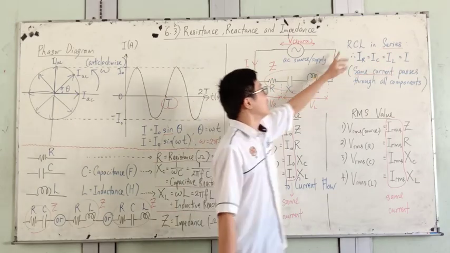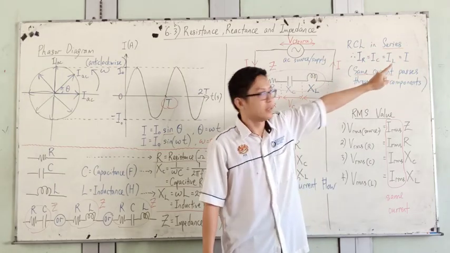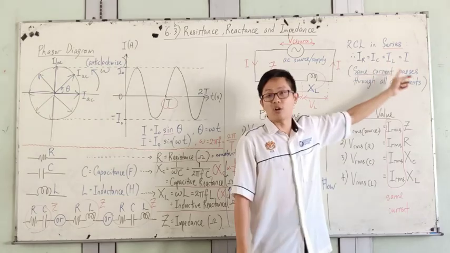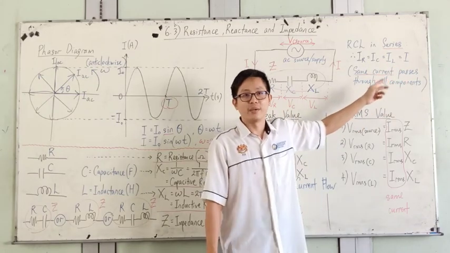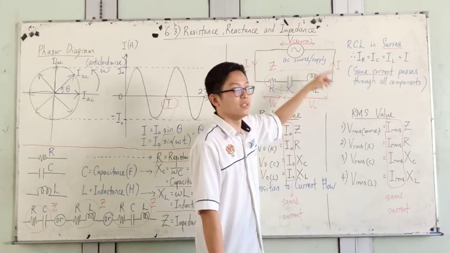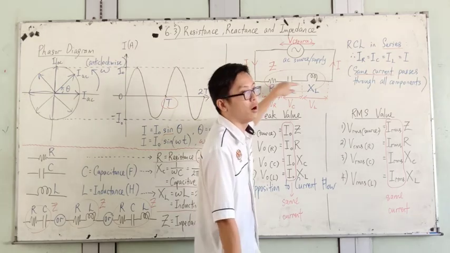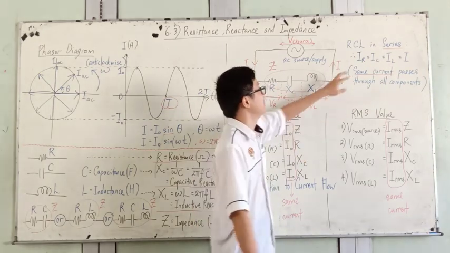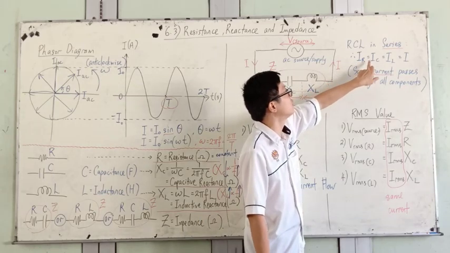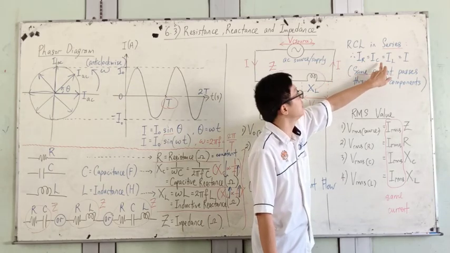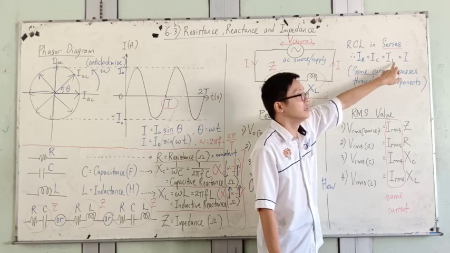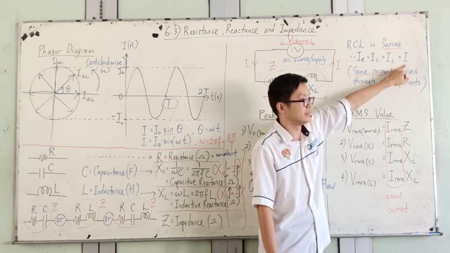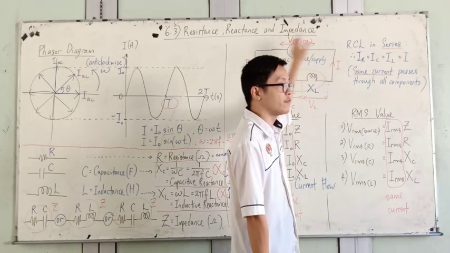So we know that in a series circuit, the current is the same for all components, isn't it? Because it only has one circuit. So the same current passes through all three components. That means the current through the resistor equals the current in the capacitor equals the current through the inductor, which is the total current.